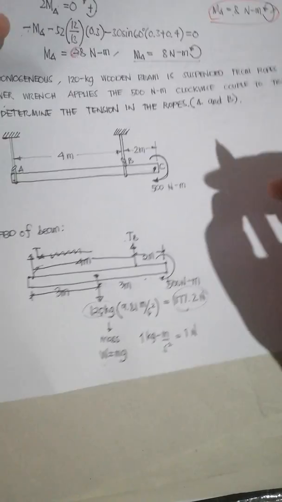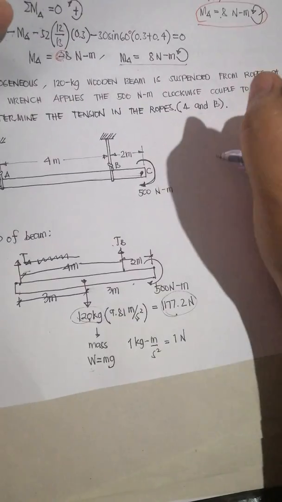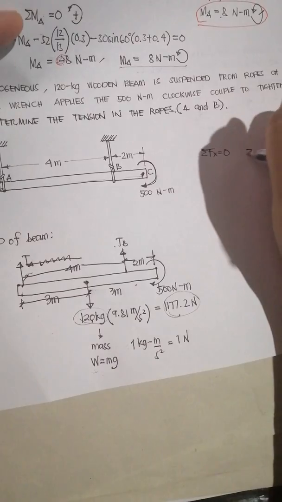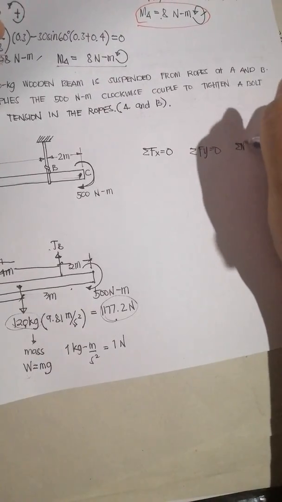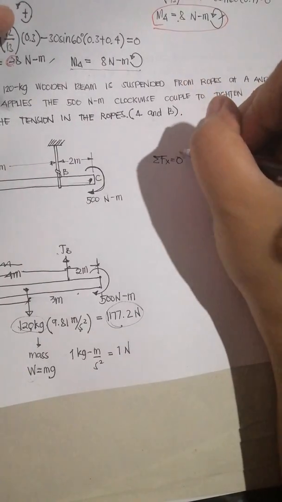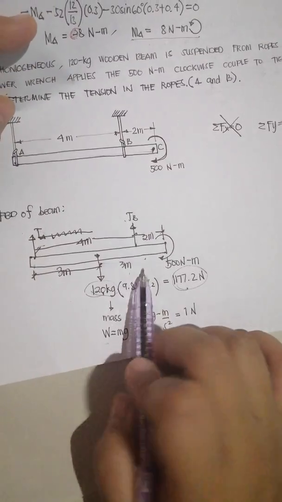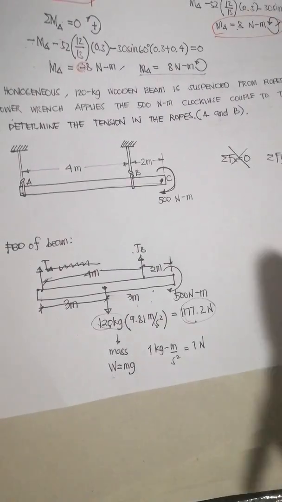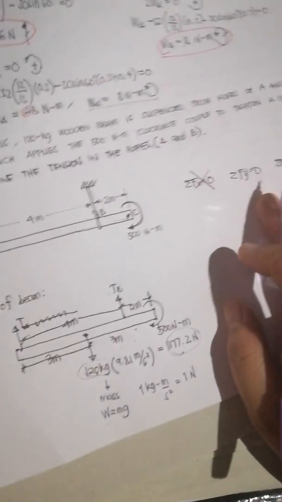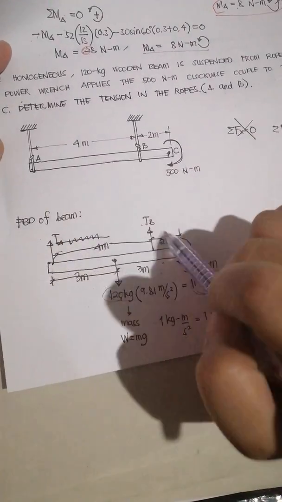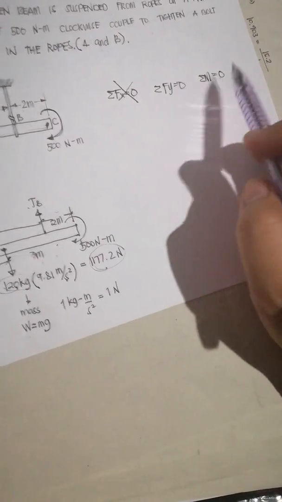Of the 3 equations of equilibrium, the horizontal one is useless, because as you can see in the FBD, there are no horizontal forces. It's okay because we only have 2 unknowns and we still have 2 equations left.